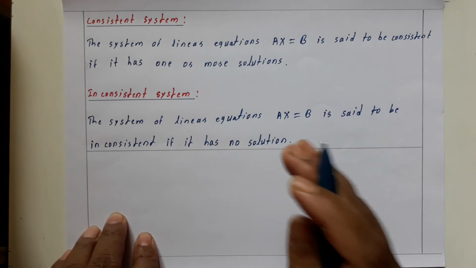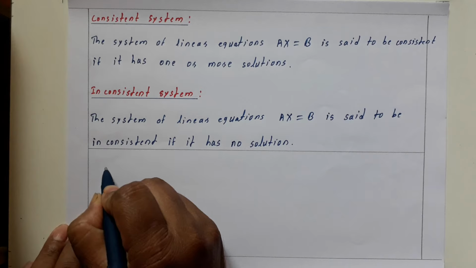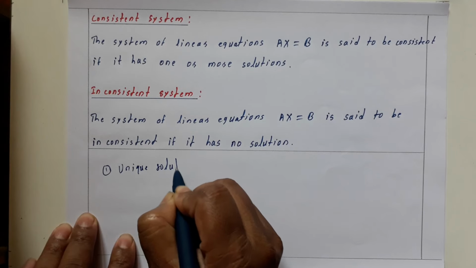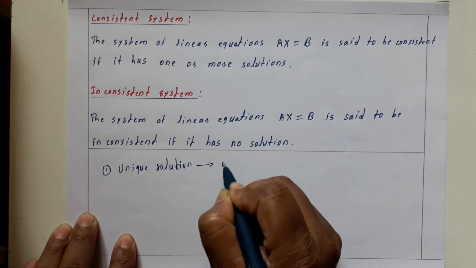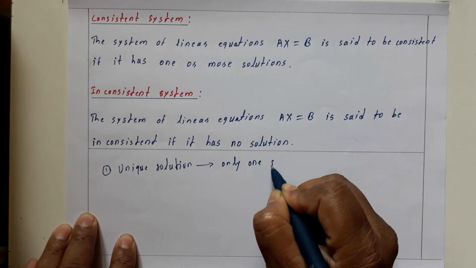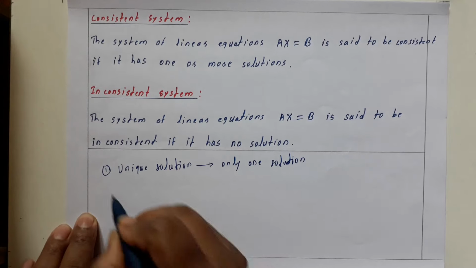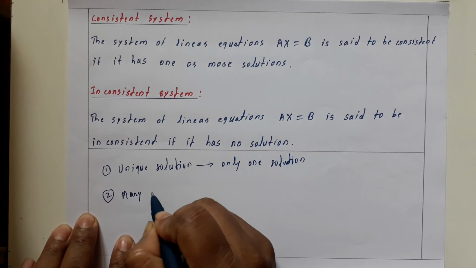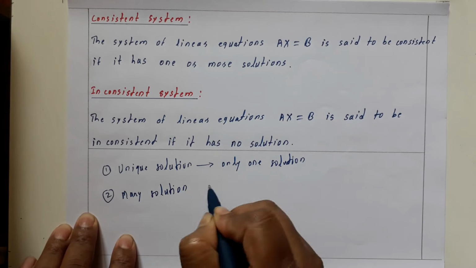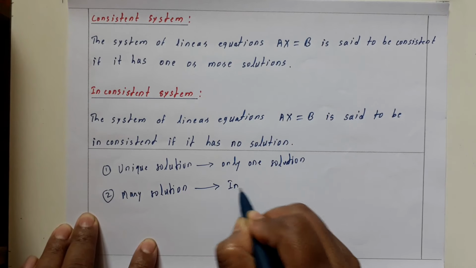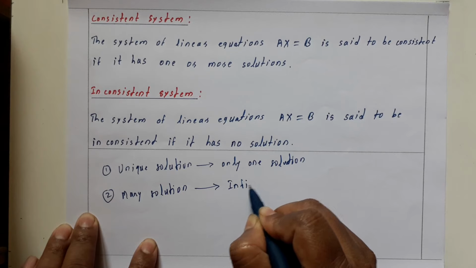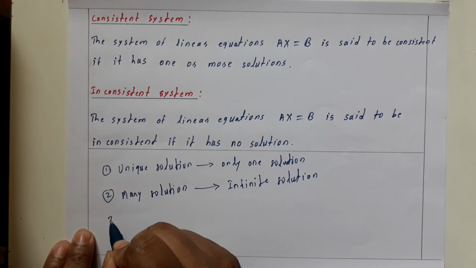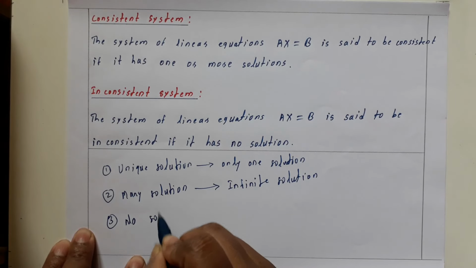Either the system will have number 1, a unique solution, means only one solution, or number 2, many solutions, means infinite solutions, or number 3, no solution.